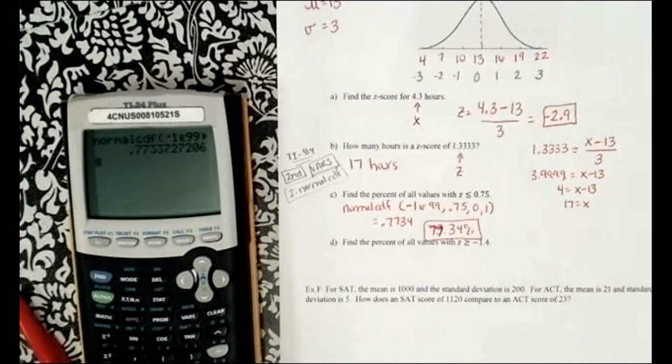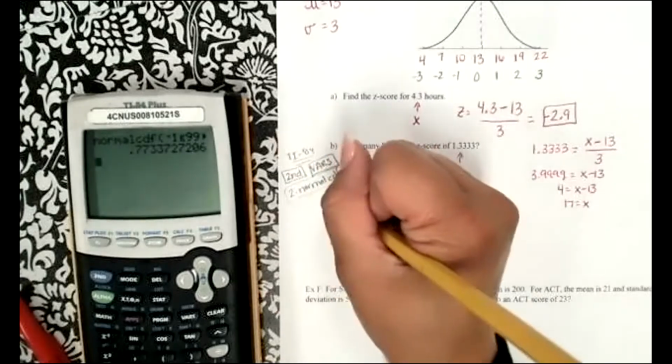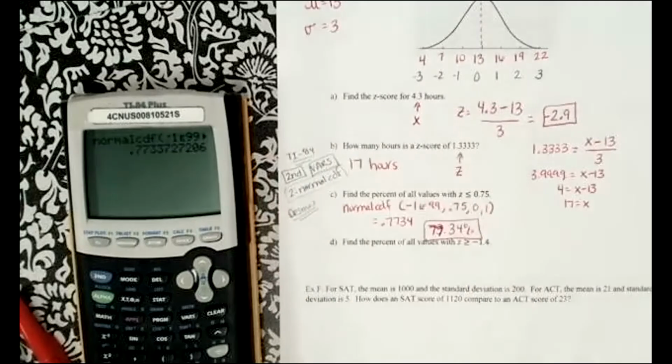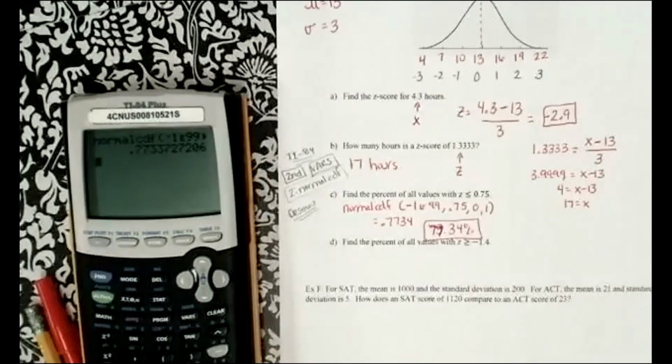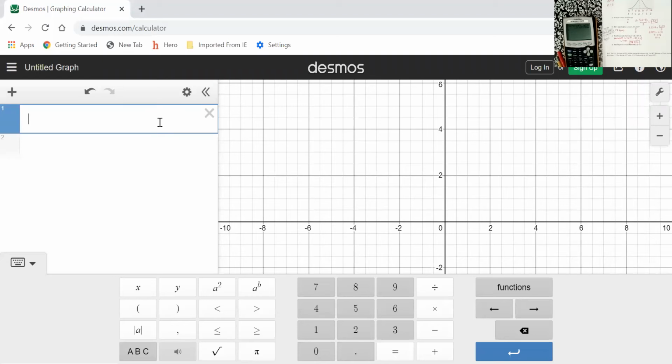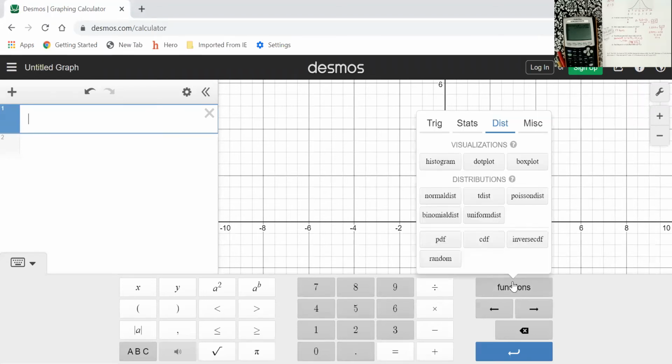All right, now we're going to go to Desmos. Let me share my screen. On Desmos, and I will write this down, you're going to go to functions right here. Then you're going to go to distribution, DIST.